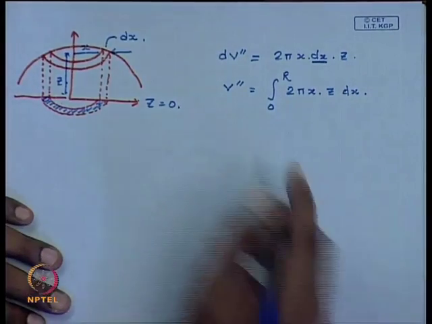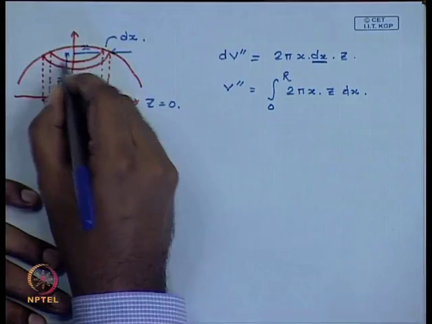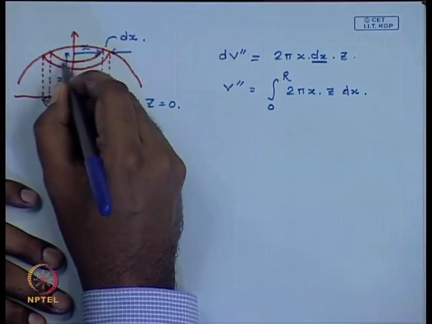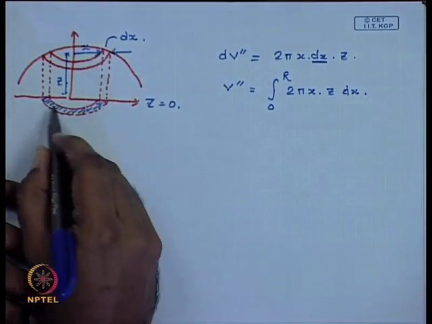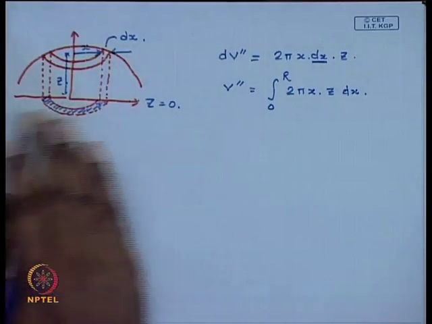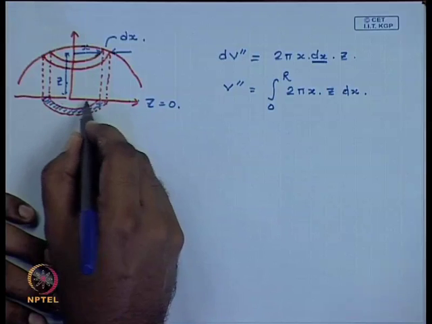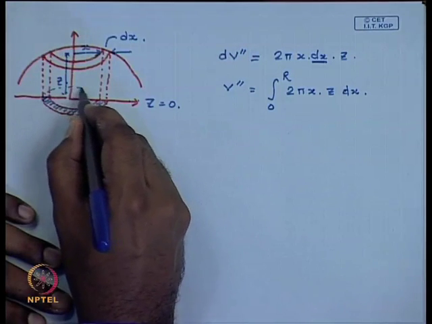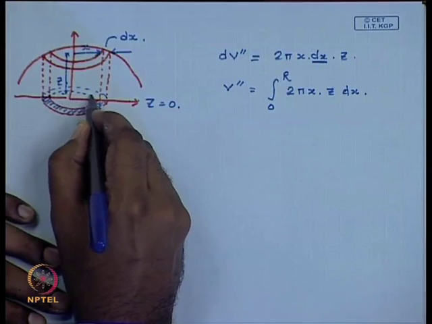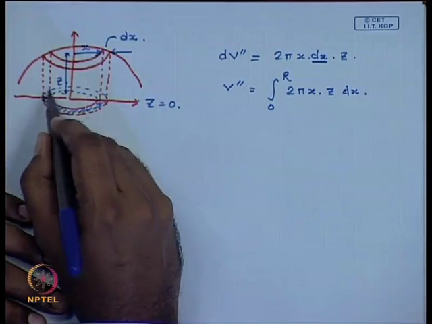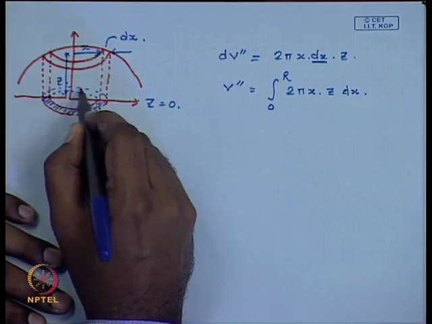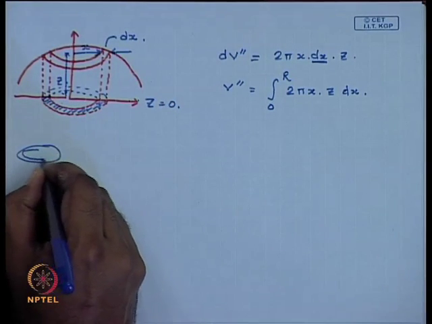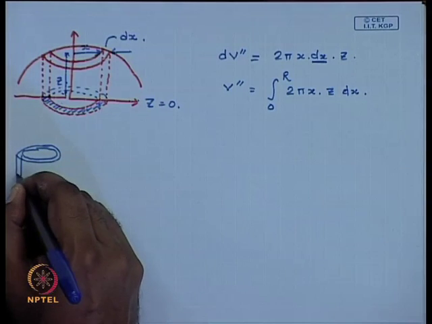Okay. So, I hope this construction is clear to you. This is an axisymmetric surface. You pick up a thin strip of area on the surface, and correspondingly its projection at the bottom plane is this. So, 2 pi x into dx corresponds to the area, not this, but this entire area, and if you multiply it with z at this particular point, you get the volume of this cylindrical element.